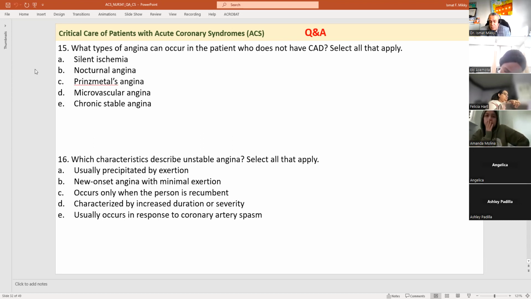What types of angina can occur in the patient who does not have CAD? Select all that apply. And I think I mentioned in class that I have seen a few cases, patients who are super healthy, never have any cardiac events, never been diagnosed with any cardiac problem, not even hypertension.